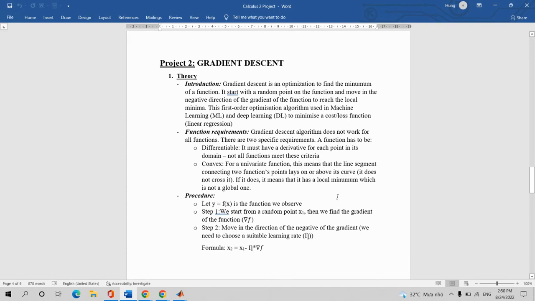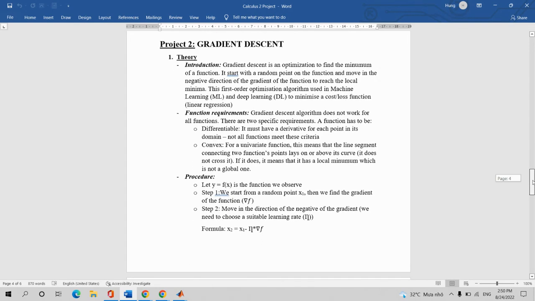So we move on to the project on gradient descent. First, we have theories. First one, introduction. Gradient descent is an optimization method to find the minimum of a function.